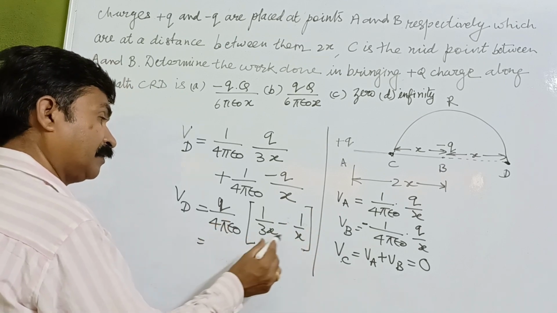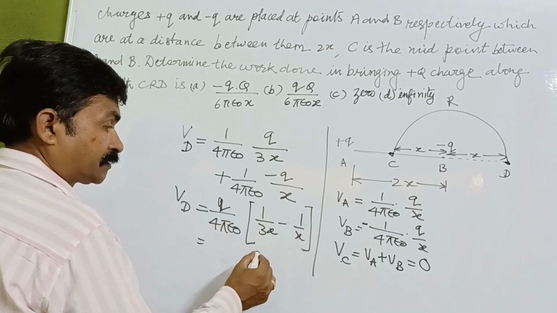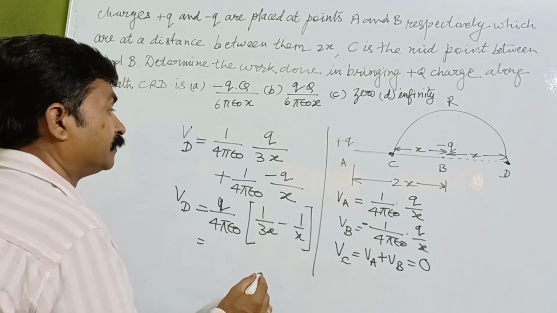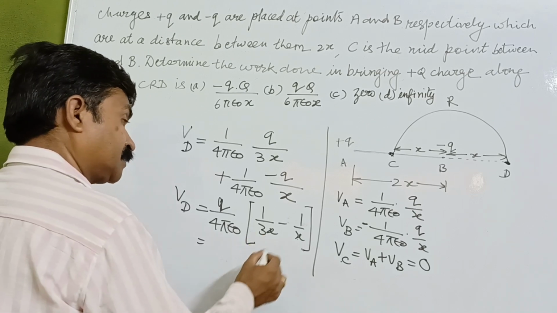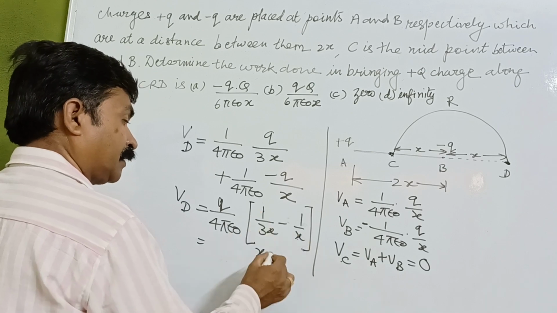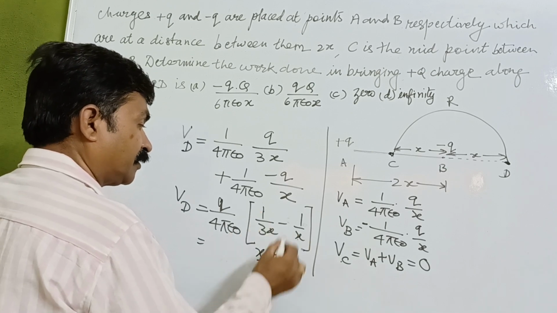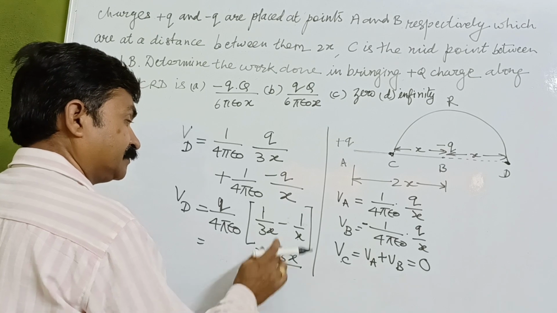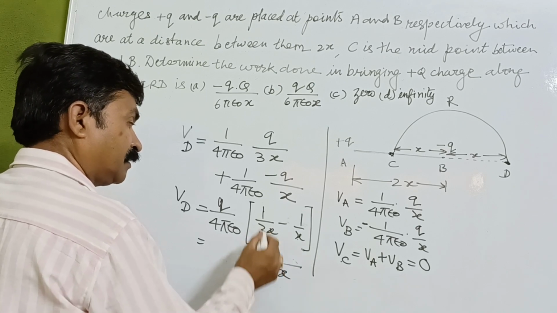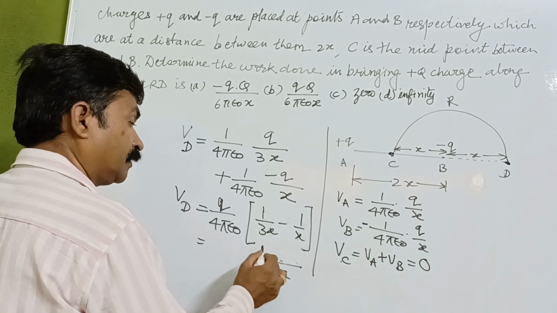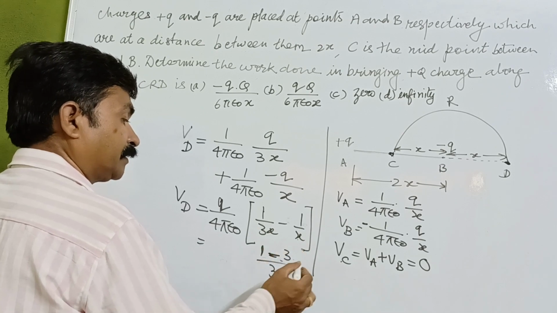So we have here, it is x minus 3x, and in the denominator we will be having 3x, it is 1 minus 3.